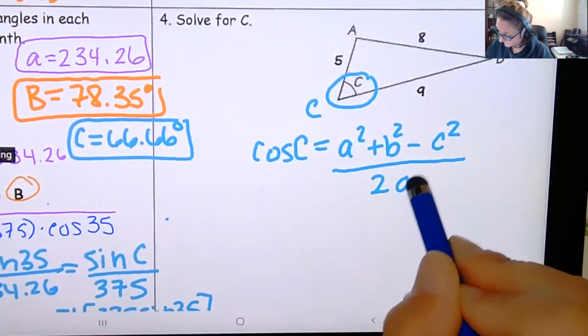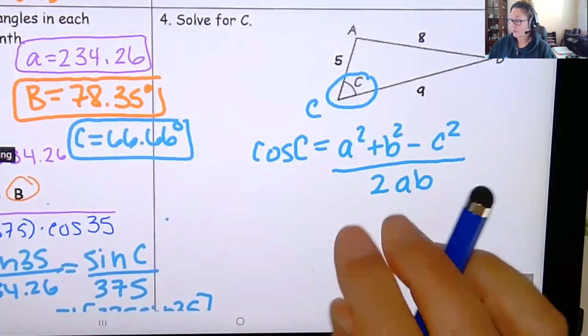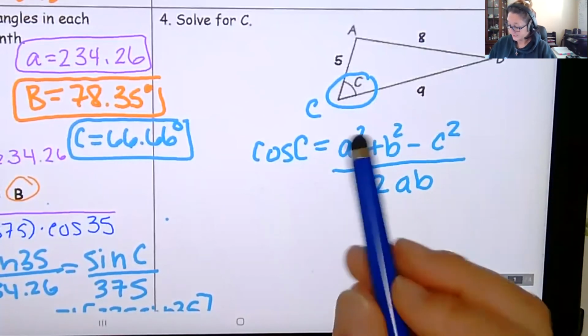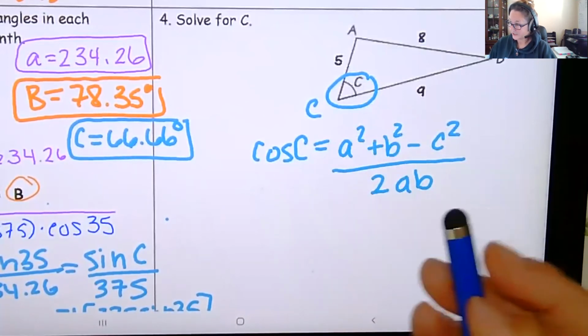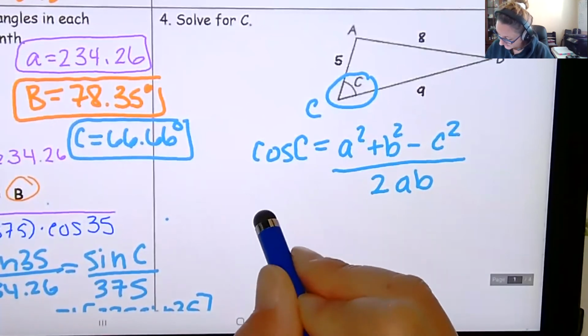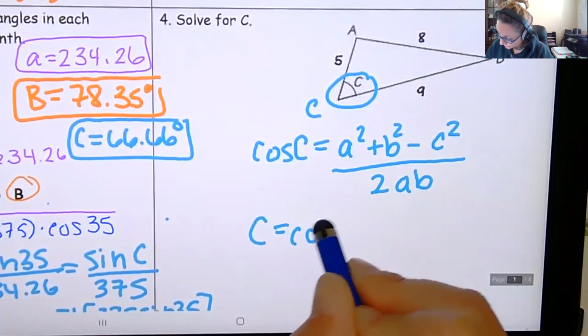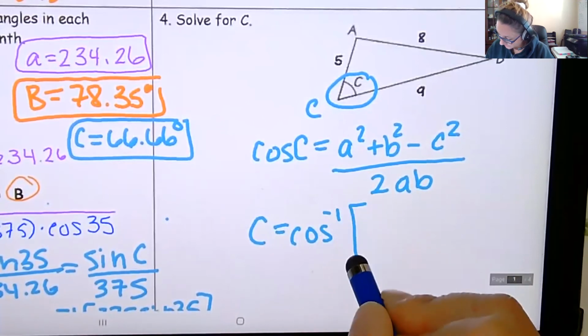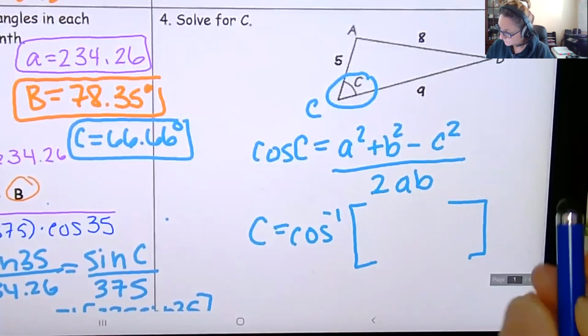And I want the angle, so I'm going to basically take the cosine inverse of this. So I am going to get C equals cosine inverse of, and let me plug in what I know.